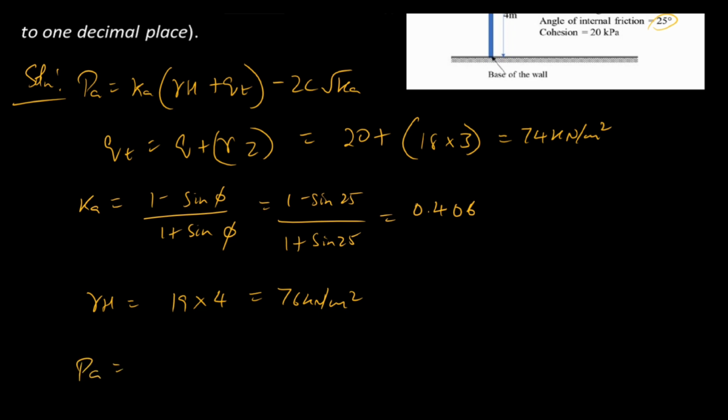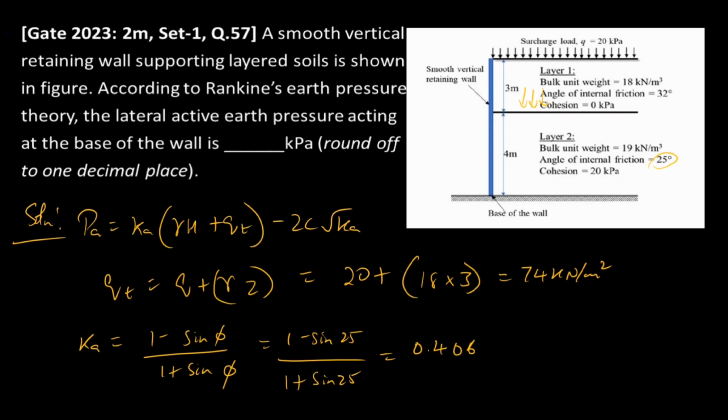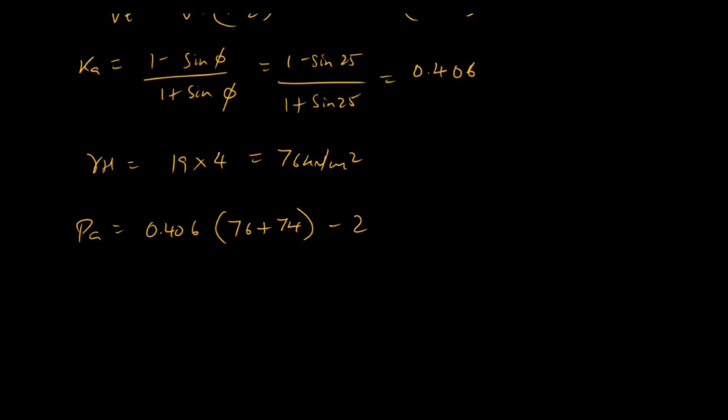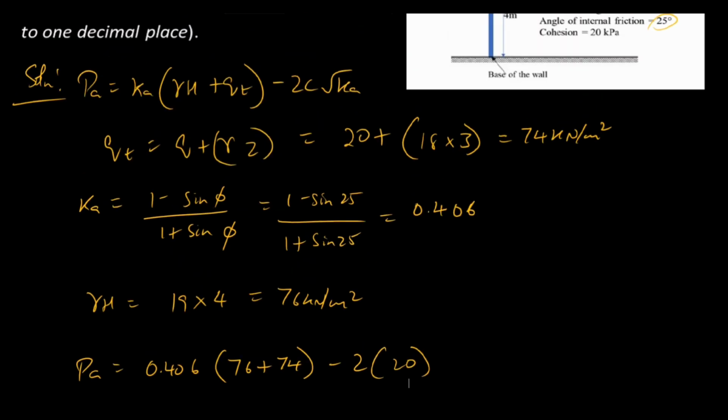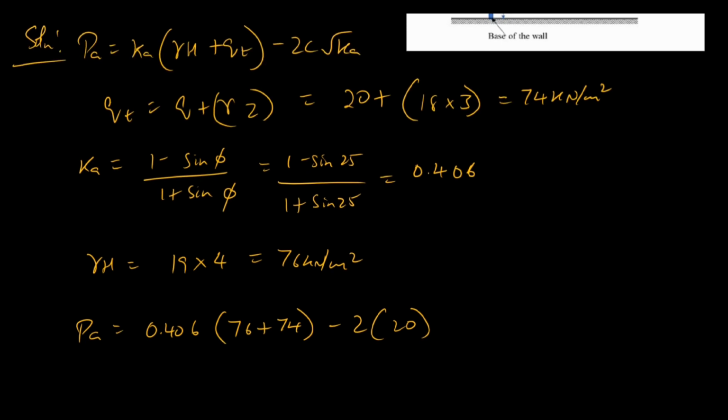So PA will be equal to Ka, which is 0.406, into (gamma h, 76, plus Qt, which is nothing but 74), minus 2 into C. The value of C is nothing but 20 kilopascal, so 2 into 20 into root Ka. Root Ka is nothing but root of 0.406.